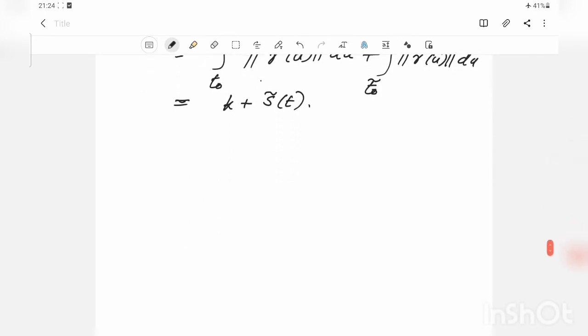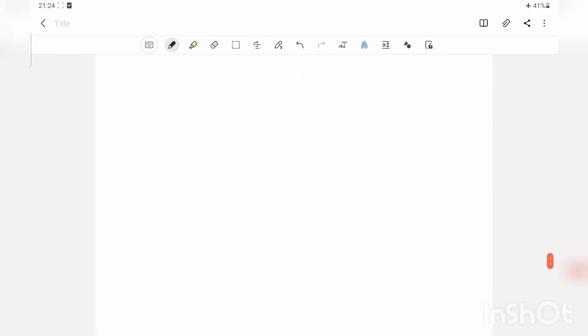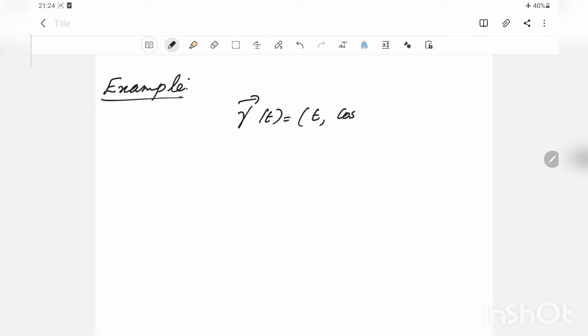Now we can have some examples for finding arc lengths. Calculate the arc length of the catenary gamma of t equal to (t, cosh t), starting at the point (0, 1).